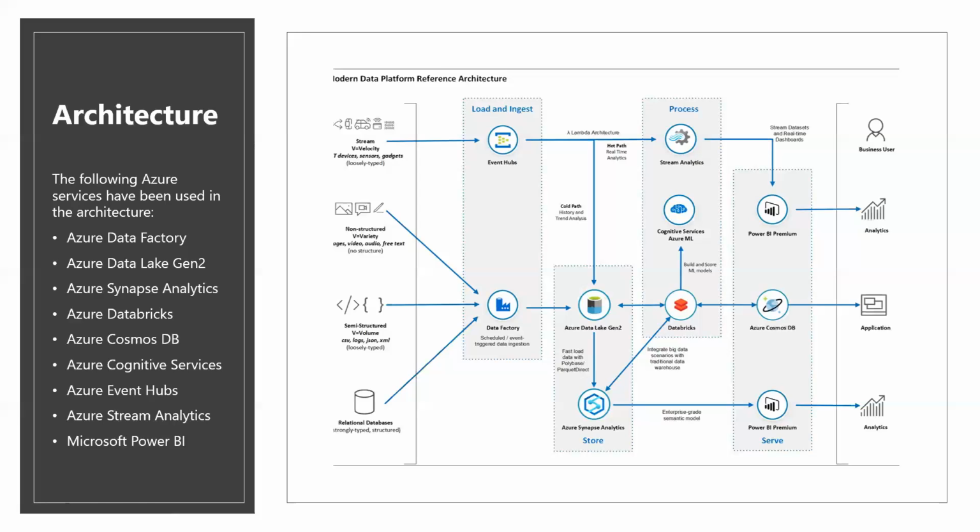Azure Databricks can also be used to perform the same role through the execution of nested notebooks. And Azure Stream Analytics is the service responsible for processing streaming data. Azure Databricks can also be used to perform the same role through the execution of notebooks.